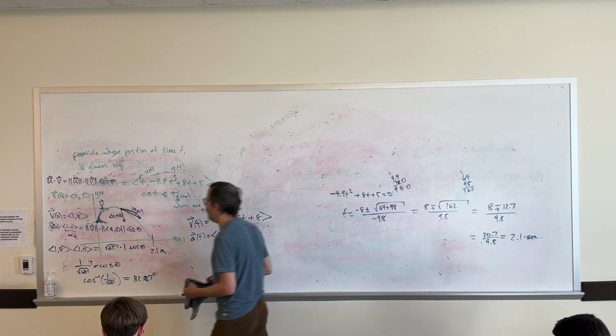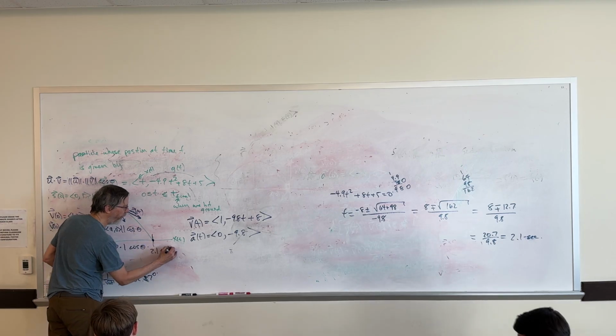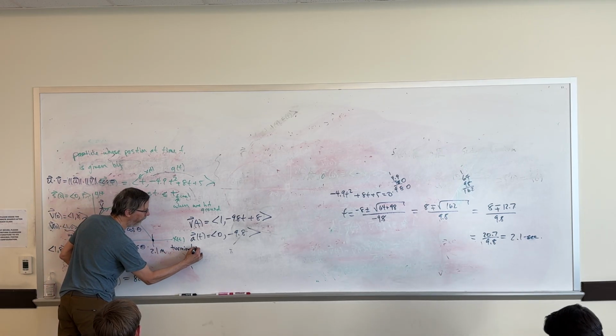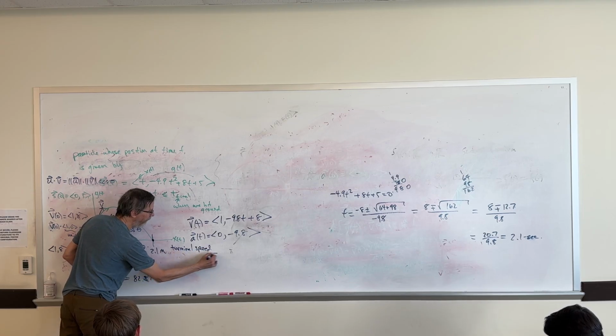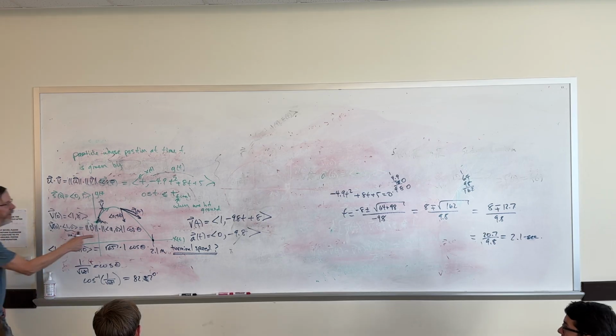What is my final speed? So what is the terminal velocity? Terminal speed, let's say speed. You'll need to find the terminal velocity vector. So what is the magnitude of v when I hit the ground? Take a minute. We'll do it together.